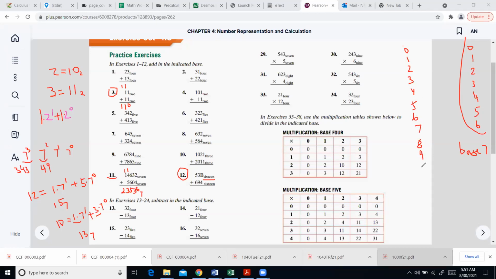But they also had 10, and they call it A. Then B was 11, then we had C for 12, D for 13, E for 14, and finally F, which is 15. Since this is base 16, we need to have 16 different digits, and they produced A, B, C, D, E, and F.